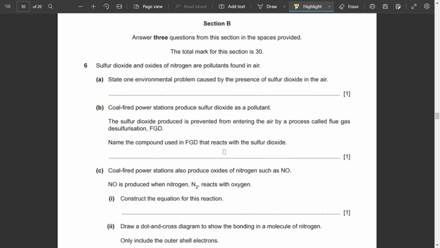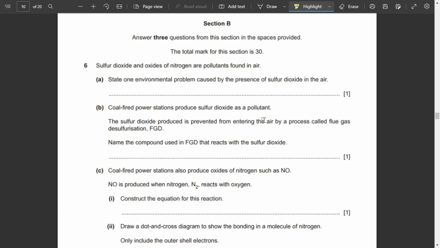So it produces sulfurous acid, then sulfuric acid, and we all know sulfuric acid is really harmful and causes environmental problems. This is how sulfur dioxide affects the environment in brief. However, you just need to mention in one word that it's acid rain.